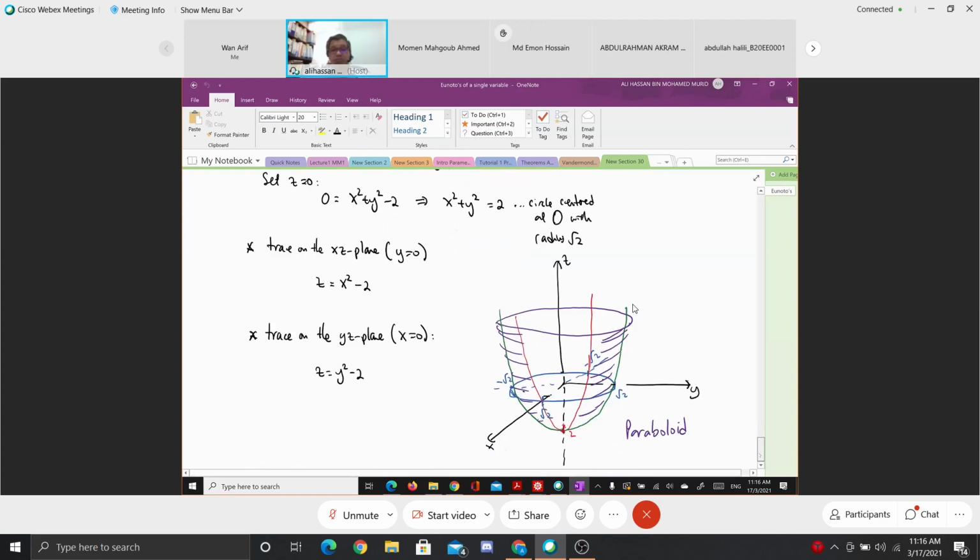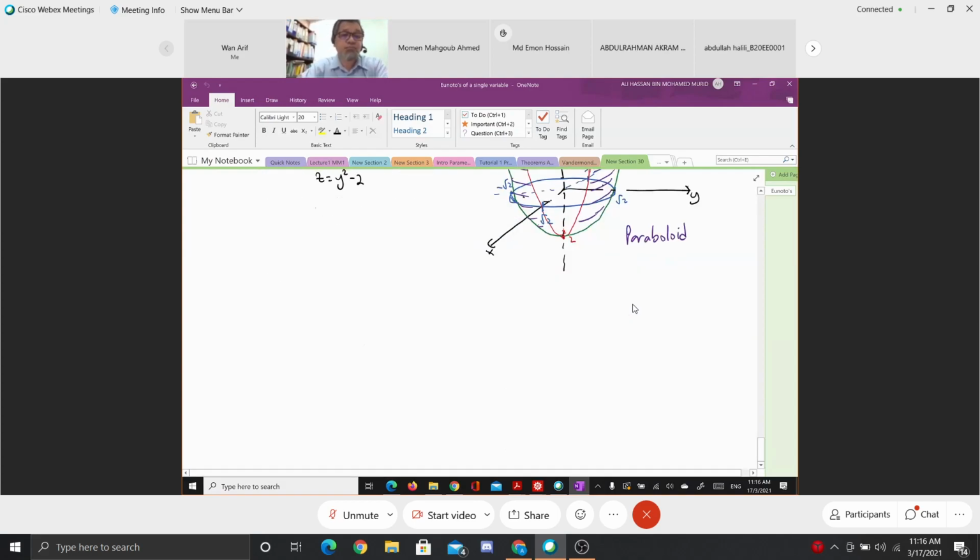Let's discuss. Suppose, what are the level curves? Z equal to k. If Z equal to k, what does that mean?